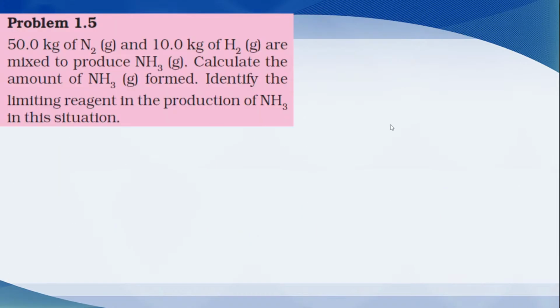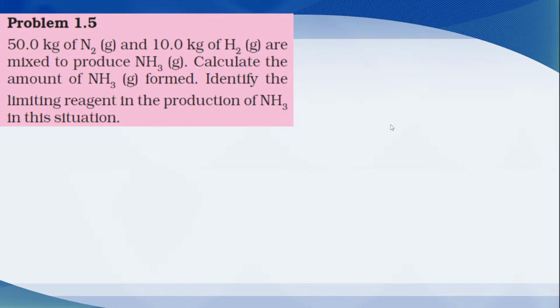Now next question. 50 kg of nitrogen gas and 10 kg of hydrogen are mixed to produce ammonia gas. To calculate the amount of ammonia gas formed, we have to first identify the limiting reagent in the production of ammonia in this situation.